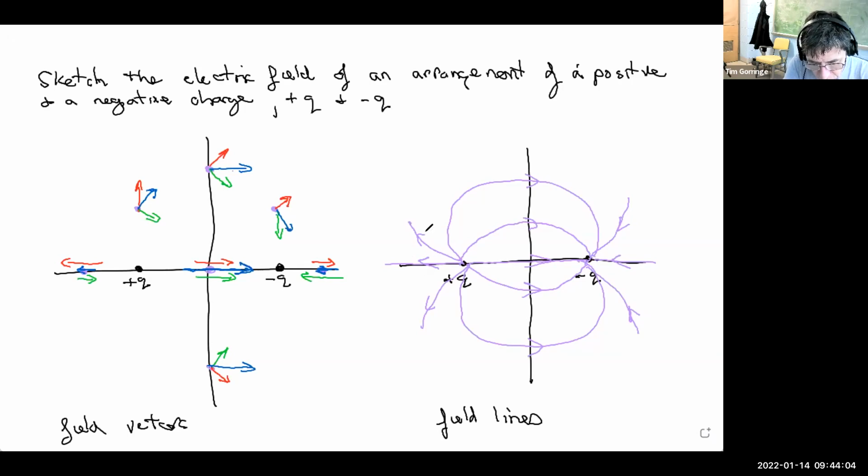So some field lines from the positive charge escape beyond the region of the sketch. Some field lines that are heading to the negative charge are appearing from the region beyond the sketch.